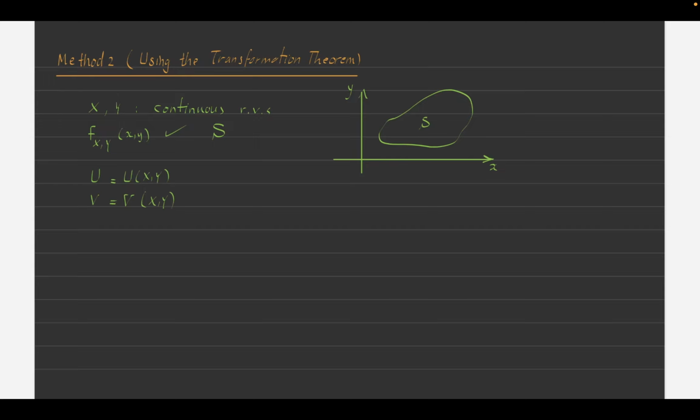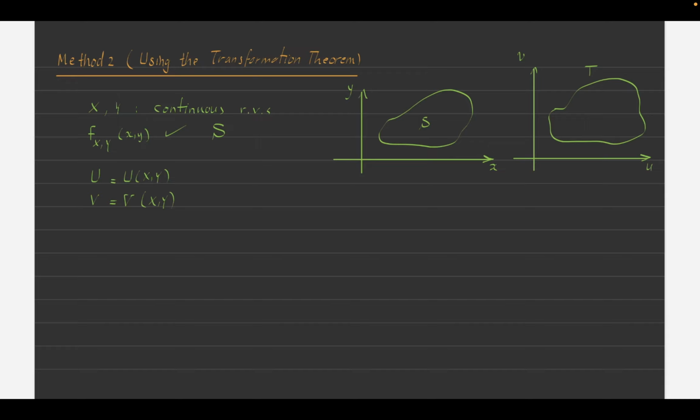Of course, this will define a transformation on this plane, so it will take the xy plane to what we call uv plane. Yes, let me call it here u and v. Under this transformation, we have changed, for example, this S to T. Okay, but of course, for this theorem to work, u and v should be 1 to 1, and also this transformation should be invertible.